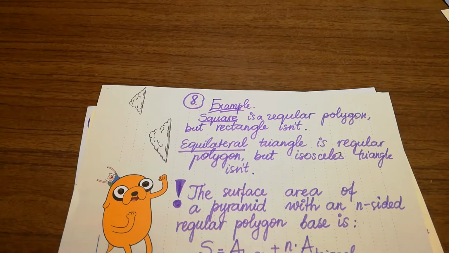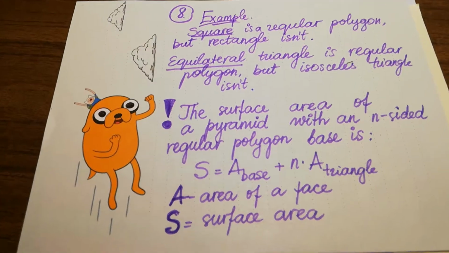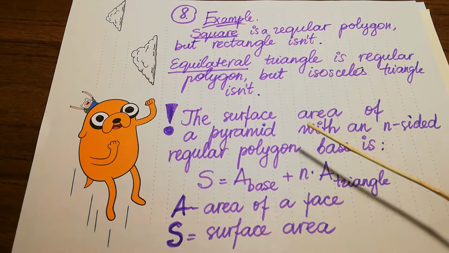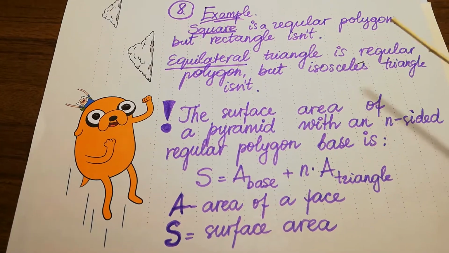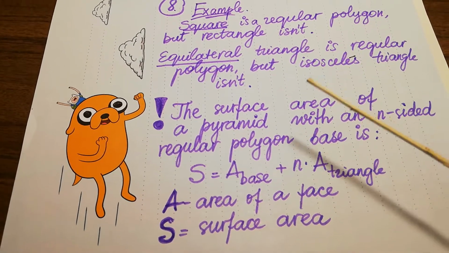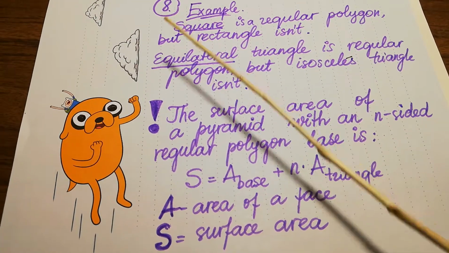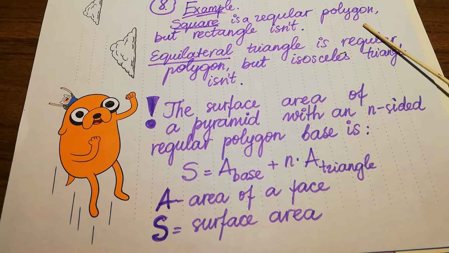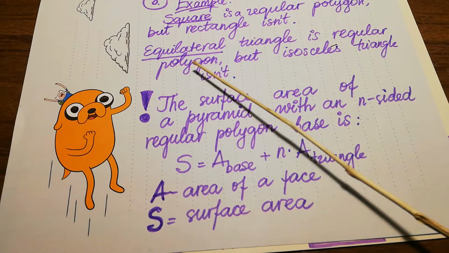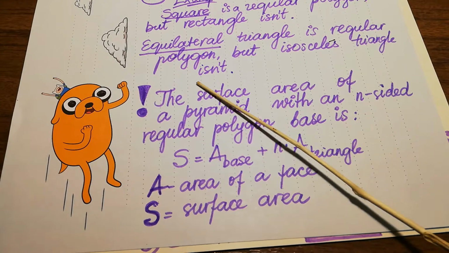And when a regular polygon is the base, we can name the pyramid regular if the vertical height is based on the center of the pyramid's base. There are some examples. For example, a square is a regular polygon, but a rectangle isn't. An equilateral triangle is a regular polygon, but an isosceles triangle isn't.